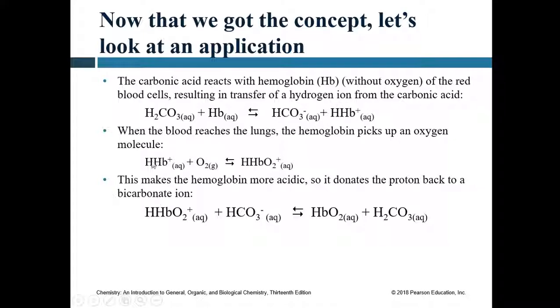This goes to the lungs, and then the hemoglobin here, the hemoglobin that has the ion, is going to pick up oxygen from the lungs to make our ion here. Now this hemoglobin ion is more acidic, it's got an extra hydrogen with positive, and so because it's extra acidic, it's going to react with this bicarbonate ion to produce our hemoglobin plus carbon dioxide. Well, let's continue.